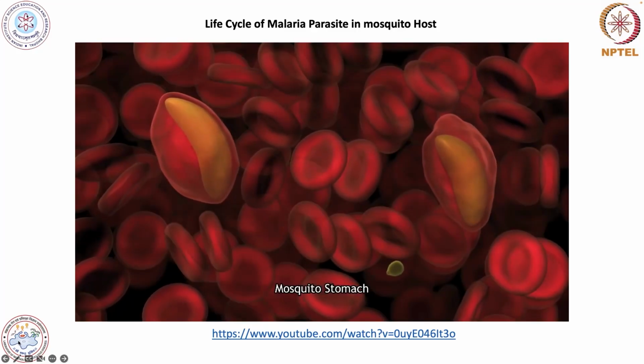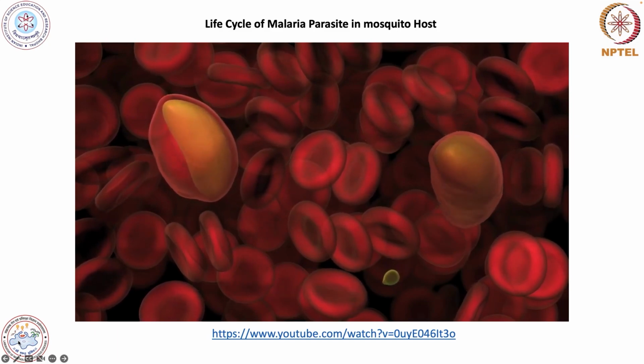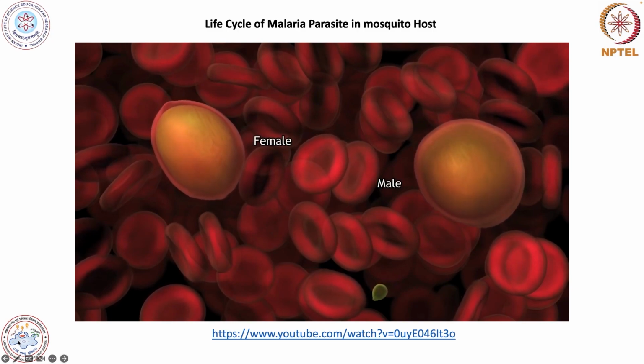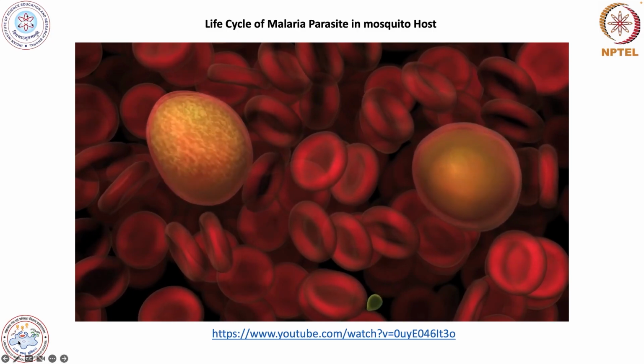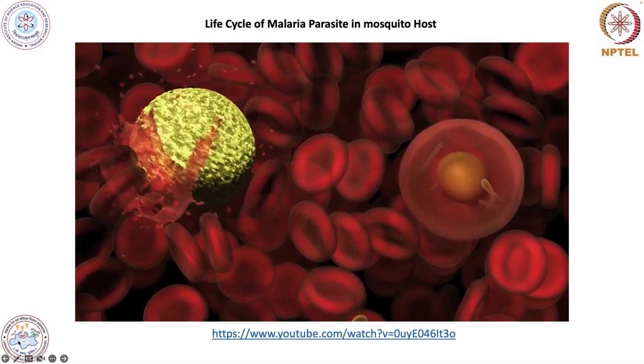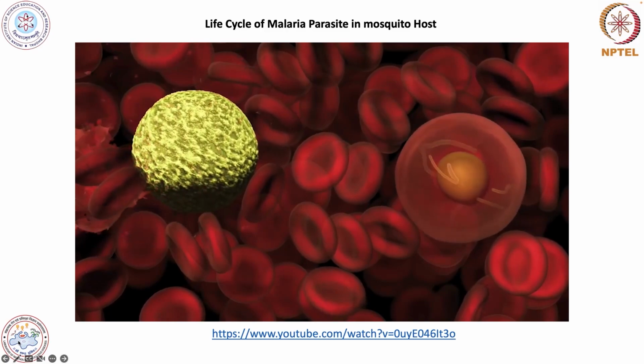Malaria sex is triggered when the warm human blood begins to cool inside the insect's stomach. The female form of the parasite matures into an egg. The male form takes a while longer to mature into sperm.